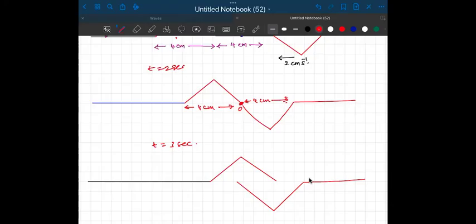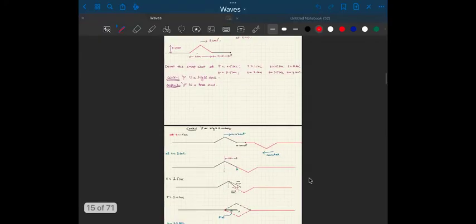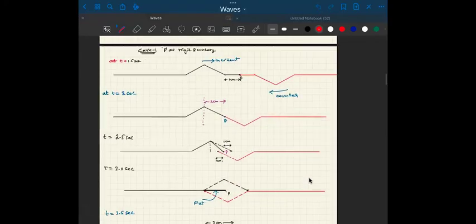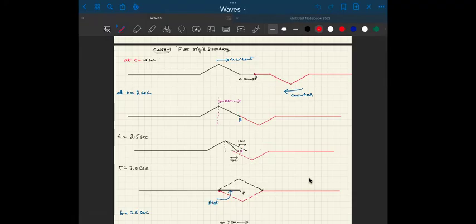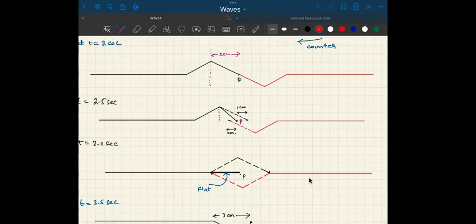But is such a situation possible? No, such a situation is not possible. That is the reason why the waveform will take a shape like this. A shape like this. You can see the next shape is like this.